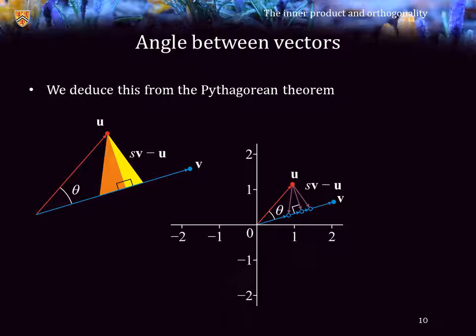The Pythagorean theorem says that if we have a right-angled triangle, then the hypotenuse is always greater than either of the two edges. And therefore, s times v minus u, if that does not form a right-angled triangle, will form a vector that is longer than the appropriate scalar multiple that forms a right-angled triangle.